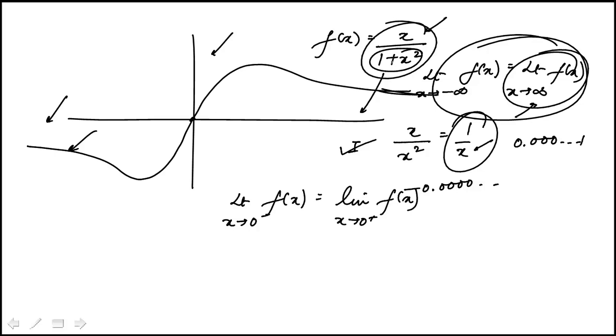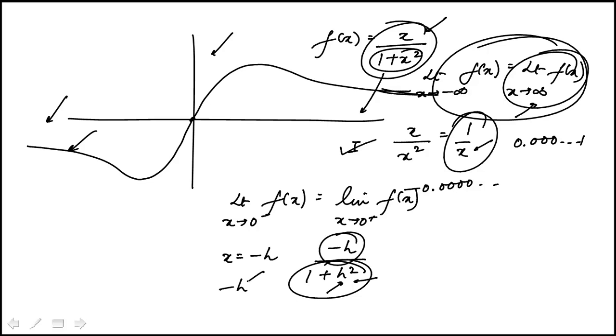And if we look at this function as well, if x is a small negative number, for example minus h, then this would be minus h over 1 plus h squared. The denominator, as h becomes small, would be close to just 1, because we can ignore that number. So it's minus h. As h goes to 0, it's going to be close to minus 0.000, depending on how small you make it.